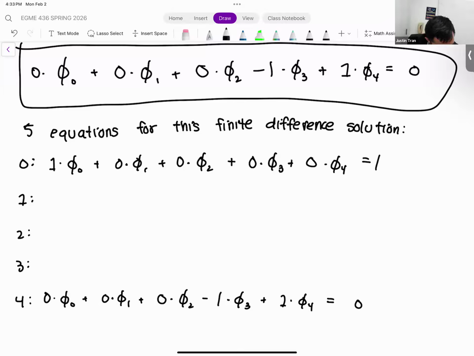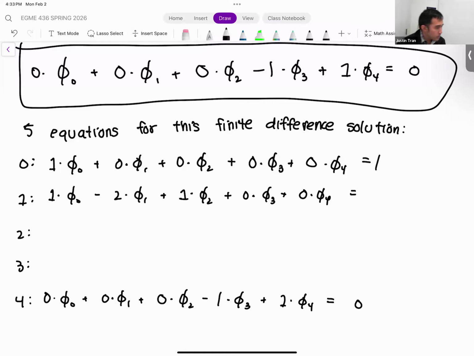For node number 1, we have 1 times phi 0 minus 2 times phi 1 plus 1 times phi 2 plus 0 times phi 3 plus 0 times phi 4. And then we have the right-hand side of the equation.